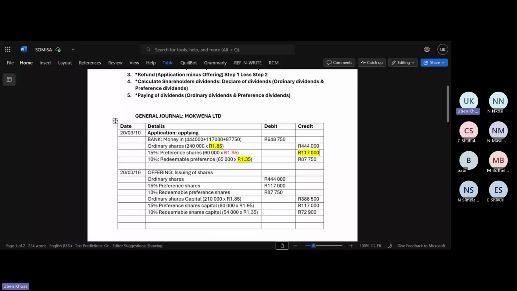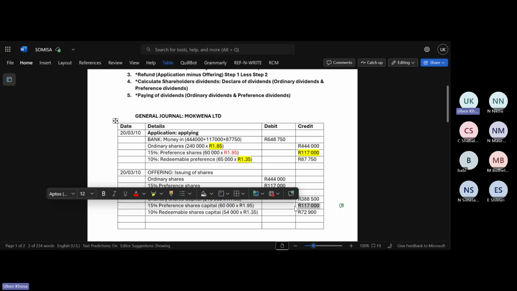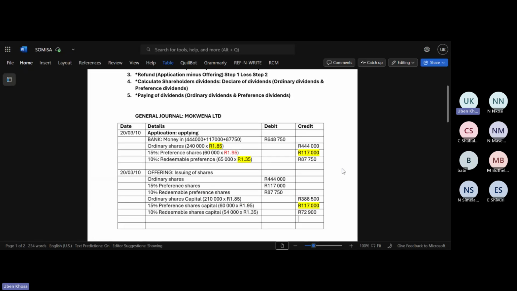Meaning we issued exactly what they applied for, so there is no need for a refund here, because we issued accordingly. Let's move to the last one. They applied to the value of 87,750, but we only offered to the value of 72,900. I'm sure you can see they applied for a higher value. We issued shares with a lesser value. We must refund the difference.